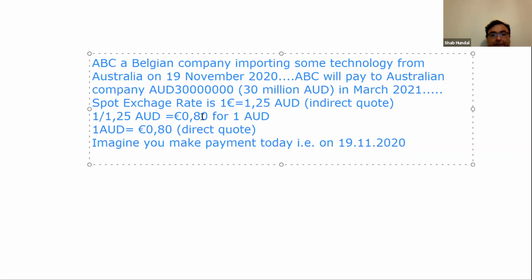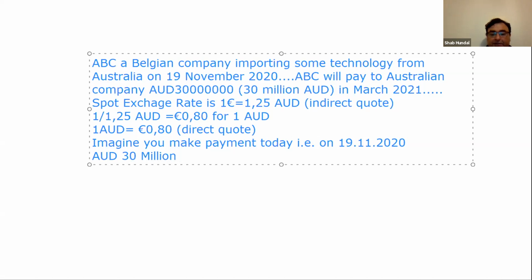You will simply multiply 30 million Australian dollar. Usually we write the symbol before the value. So 30 million, with some space. If I'm making some spelling mistakes, please ignore it.